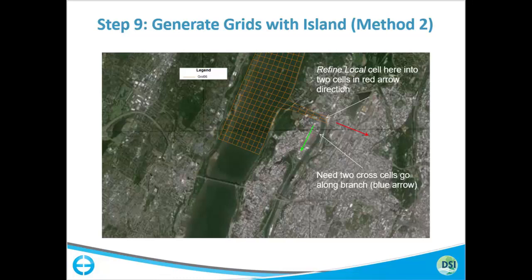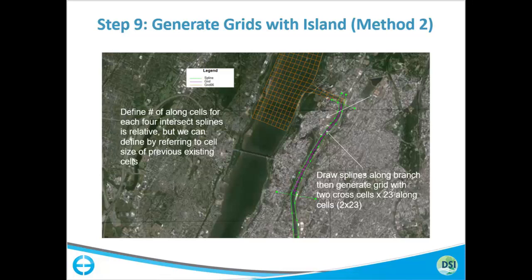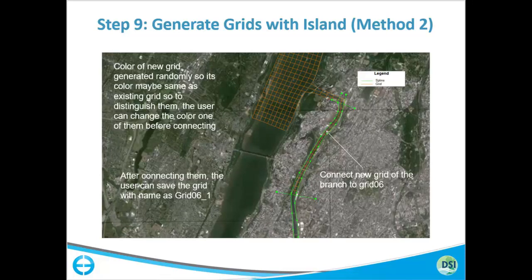We go on finishing the grid for this branch first. You create splines, then specify how many grid cells you want. There is a specified number of cells in this direction and this number along this direction, and then you go to the intersection where those two grids coincide and use the function to connect grids.